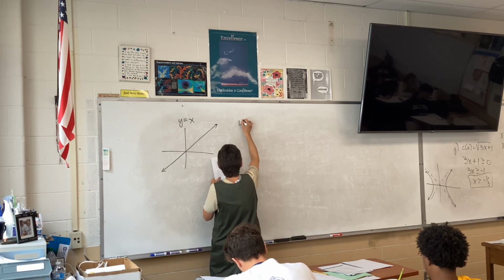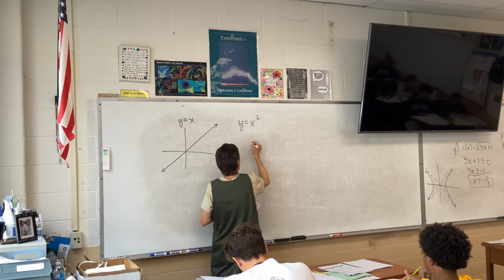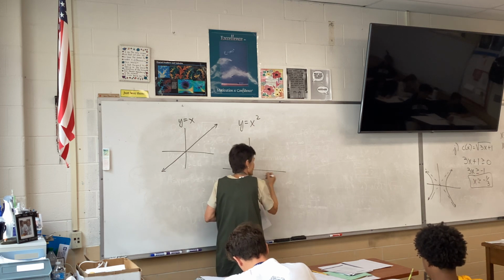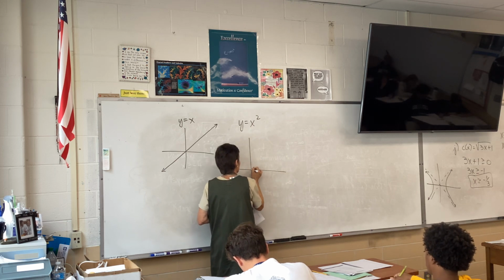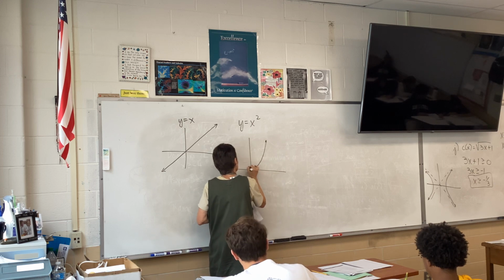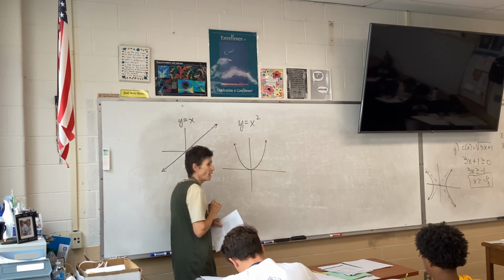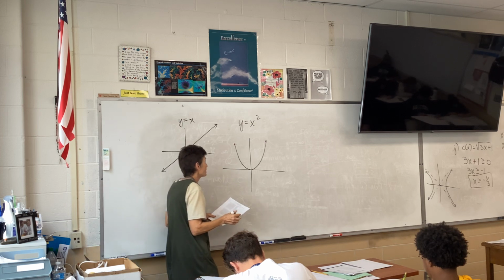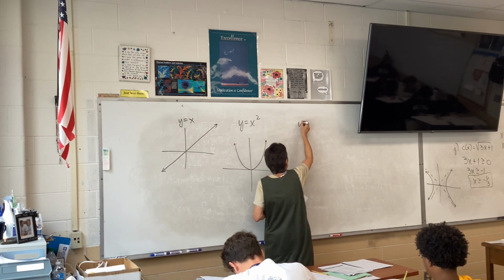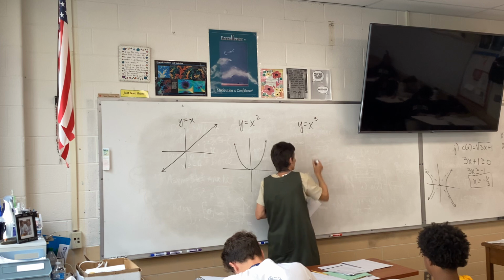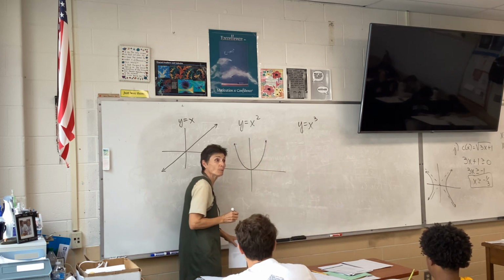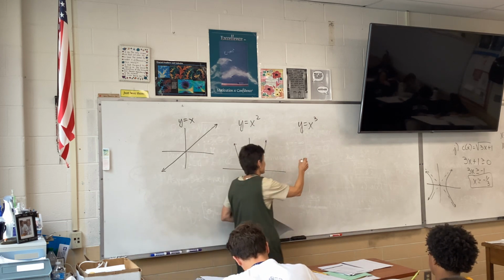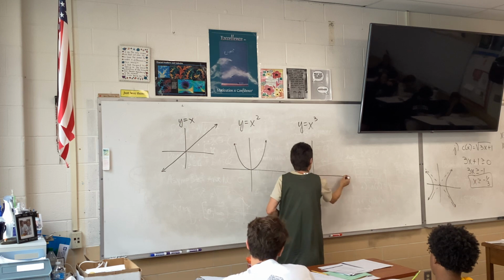Okay, squaring function, y equals x squared. What's the shape of that guy? You know this, y equals x squared. That's your parabola. Cubing function, y equals x cubed. Anybody know what that one looks like? Yep, that's exactly right, Sarah.